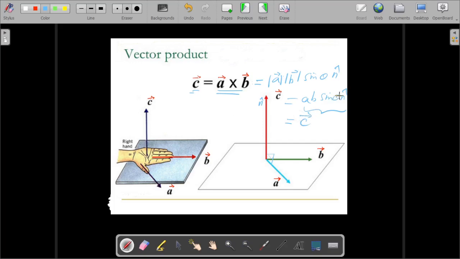This value is AB sin theta, and this is the direction n cap. Understood? This is the product of two given vectors.